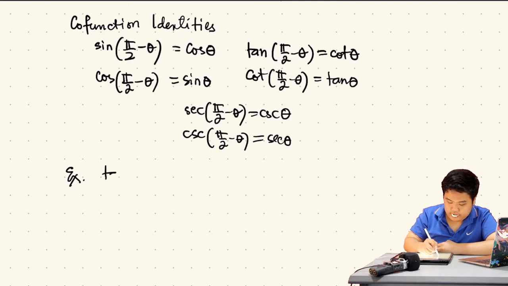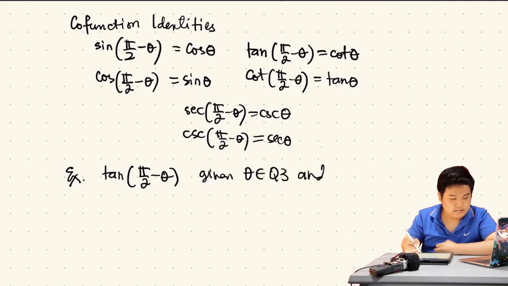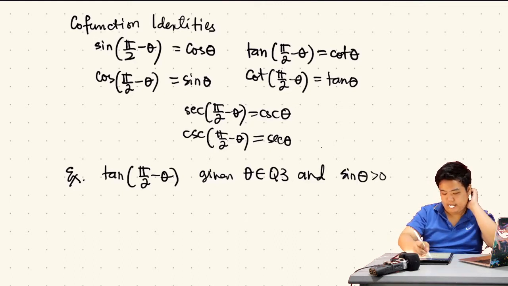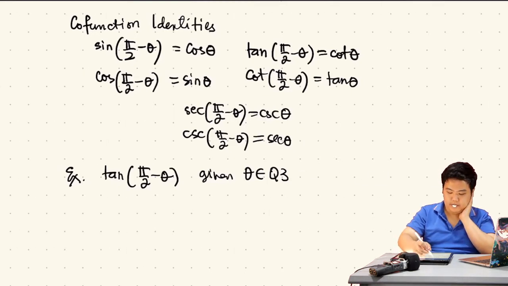What is tangent pi over 2 minus theta given theta in quadrant 3? Ay, hindi na pala kailangan. Binigay na pala natin, theta is in quadrant 3.